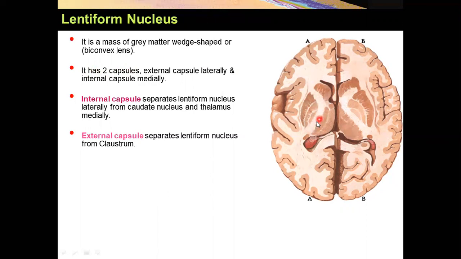So the internal capsule separates lentiform nucleus from the caudate nucleus anteriorly, from the thalamus posteriorly. The external capsule right here, this tiny white area, white matter, is the external capsule which separates lentiform nucleus from the claustrum.